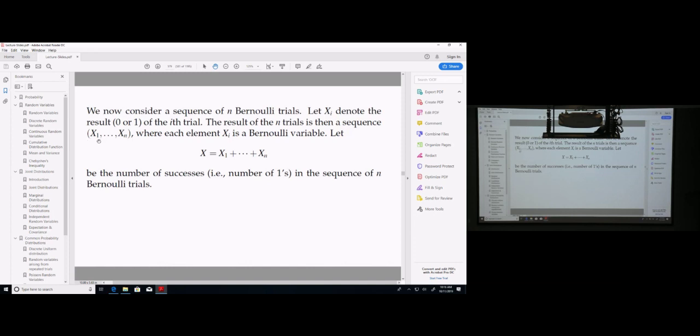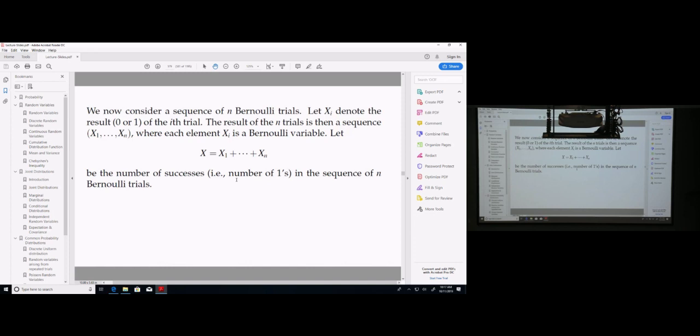But this is not our interest. We are not interested in this vector of n binary entries, 0, 1. I'm interested in summing up this vector, so X is equal to this sum, which is the number of successes, the number of ones in the sequence of n Bernoulli trials.